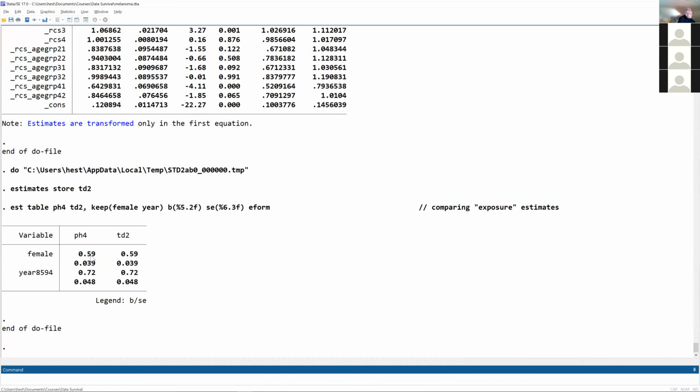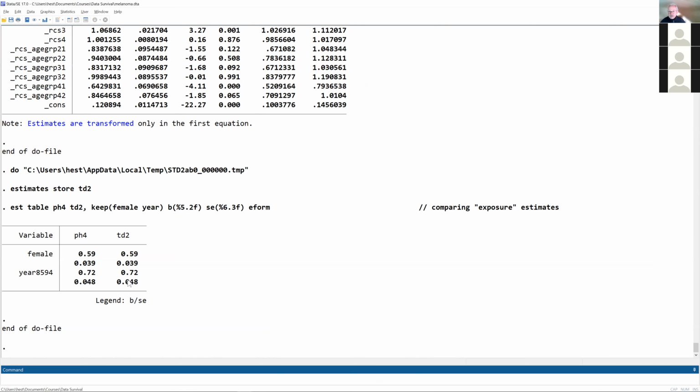Here are the estimates for female, 0.59, 0.59 from the 2 models, and exactly the same standard errors. Here are the effects for year, 0.72, 0.72, and exactly the same standard errors. So clearly, adding in a time varying coefficient for a confounder is not necessary. Now, this is of course just one example, but I'm pretty sure that this is a general observation.